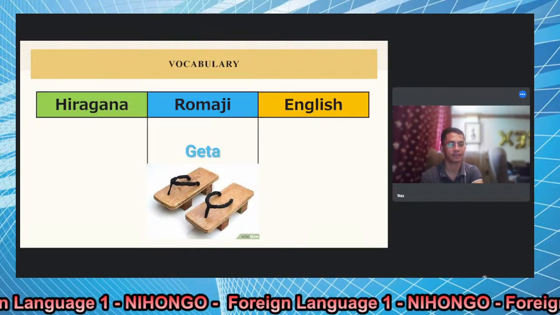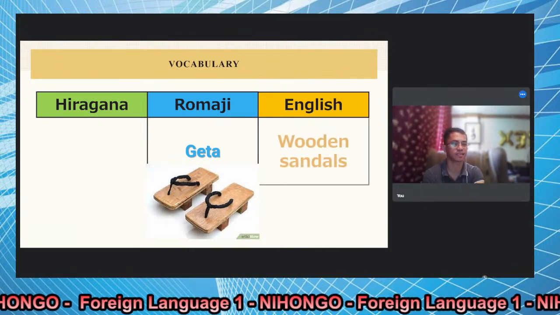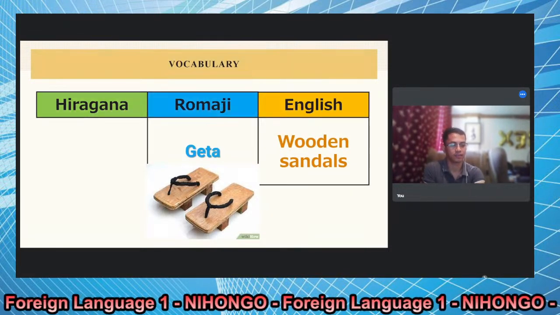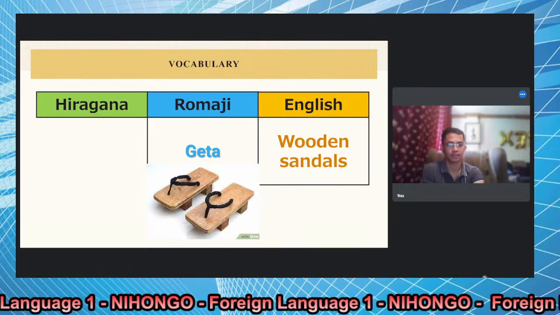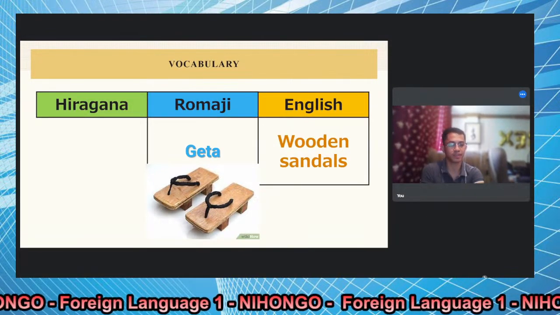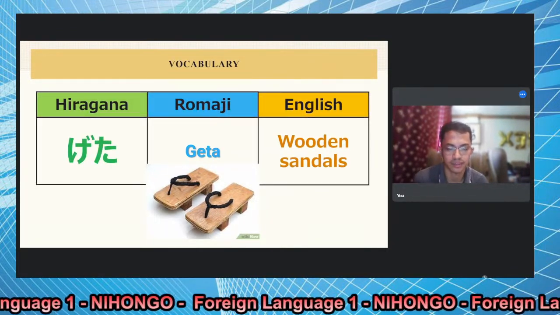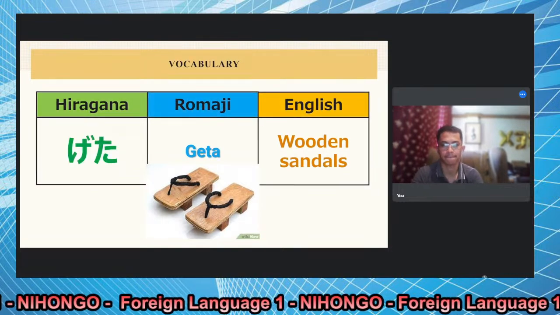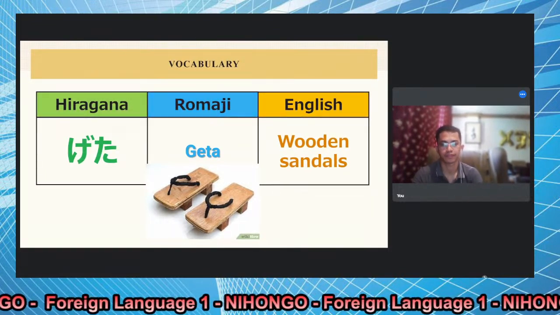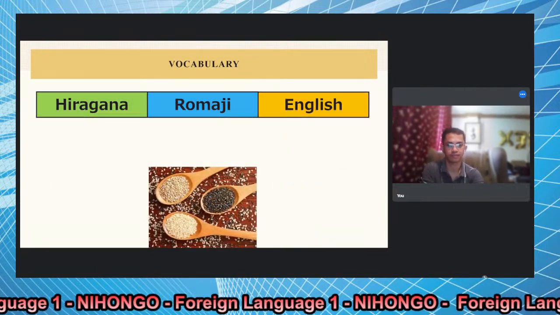Geta. Geta in English is wooden sandals. Geta is written as ge and then ta. Next word.